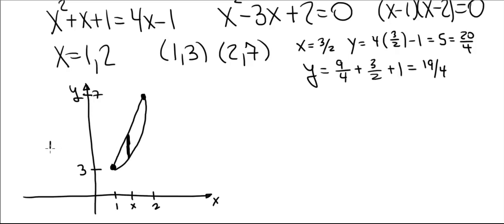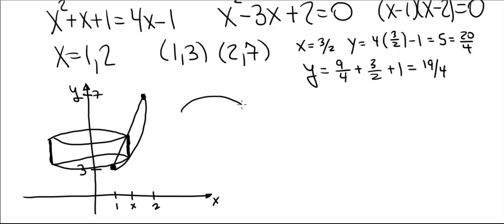As it rotates 360 degrees, this vertical slice generates a cylindrical shell, like a cylinder without the top and the bottom. So the secret to this is to find the area of the cylindrical shell, not the volume, multiply by dx to give it a little bit of thickness, and integrate from 1 to 2.